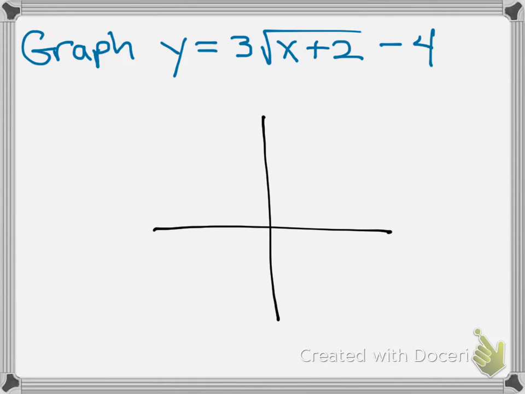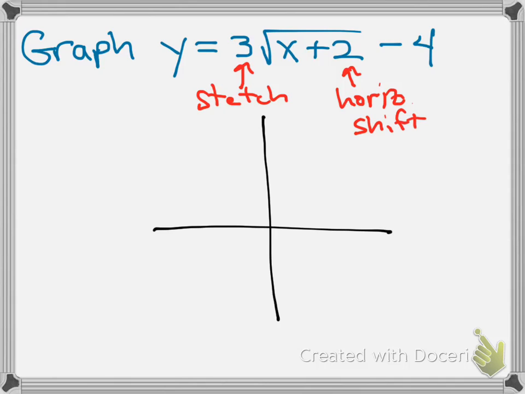If we're multiplying our square root function by 3, we're multiplying by a constant, so that's going to be some type of stretch. If we are adding 2 underneath the radical, that's going to be a horizontal shift. And then by subtracting 4 outside our radical expression, that's going to be a vertical shift.